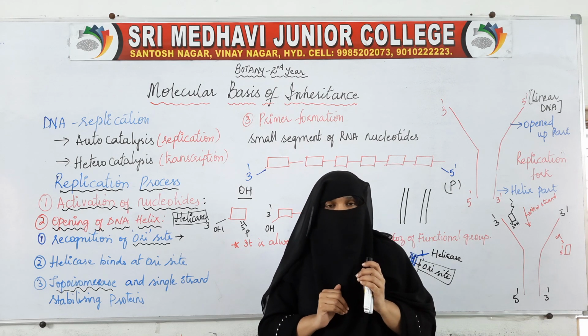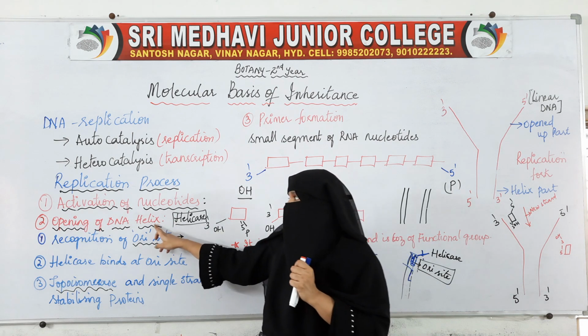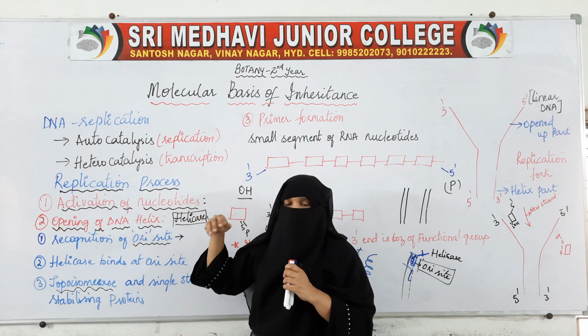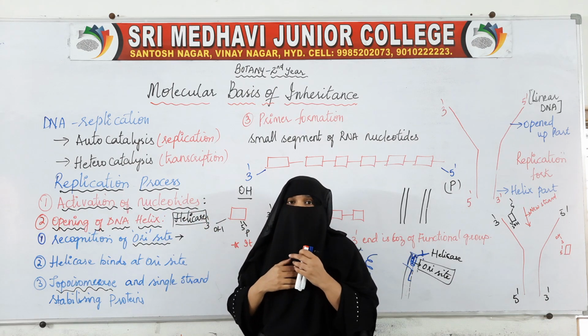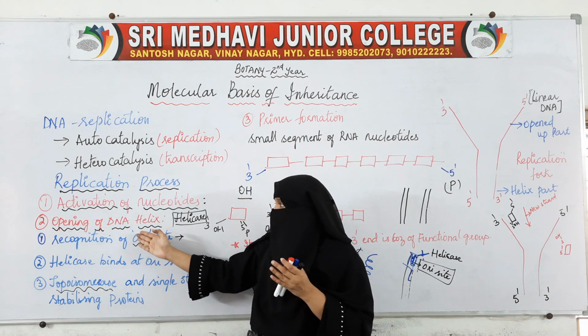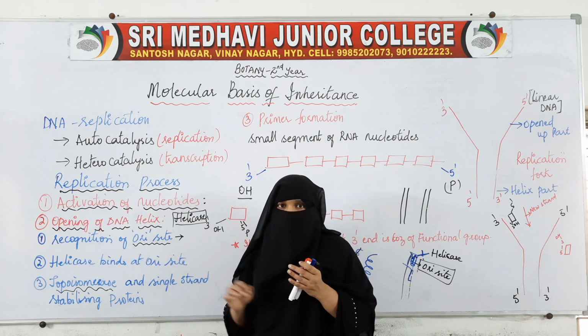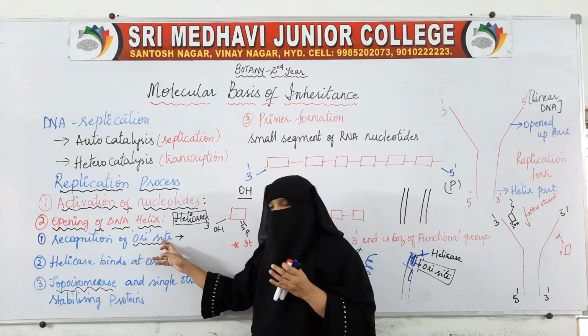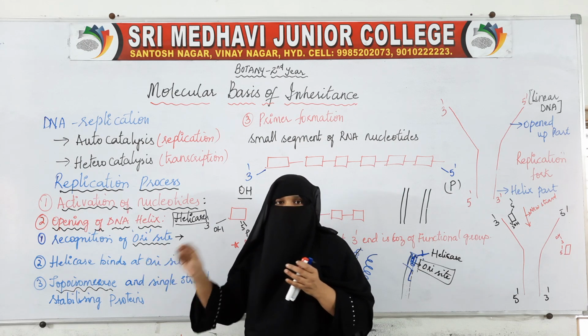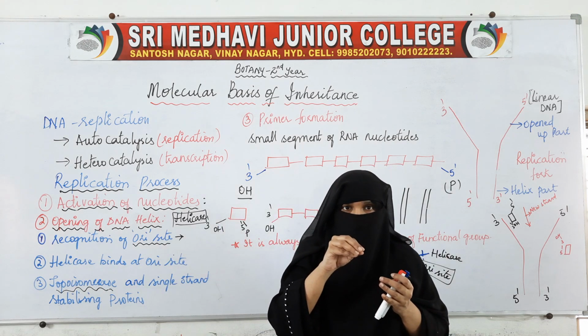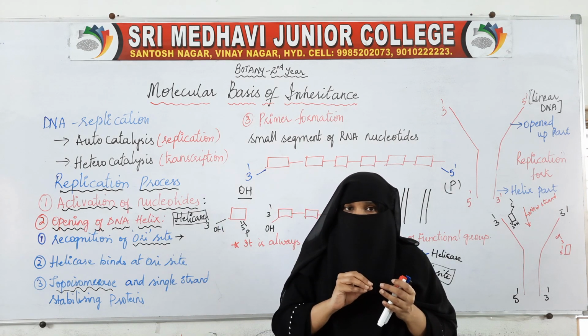DNA strand. Okay, so in the second step, after the nucleotides are activated, the step will start. The recognition of the ori site will take place. After the ori site is recognized, helicase will bind to that site.